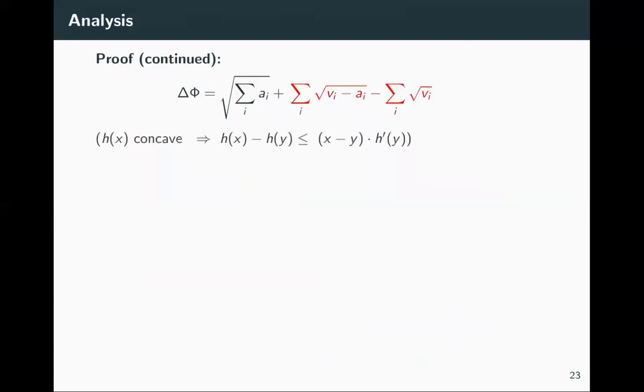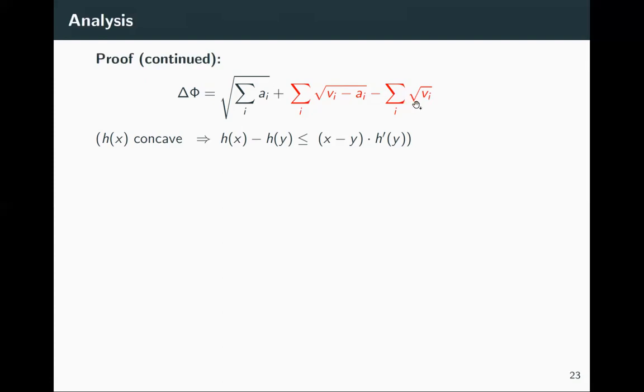What we'll do is we'll bound the difference in these last two terms by the first order Taylor approximation. So we will take the Taylor approximation at vi, and concavity will let us conclude that this difference here is bounded above by the derivative at vi times the displacement, which is negative ai.